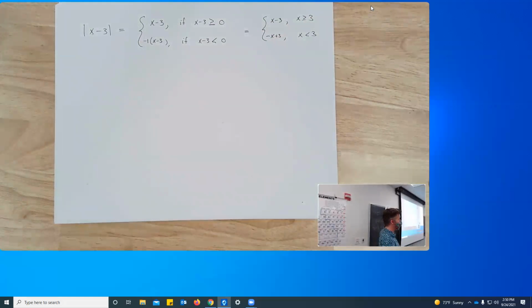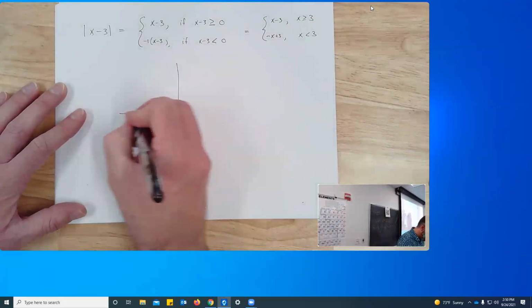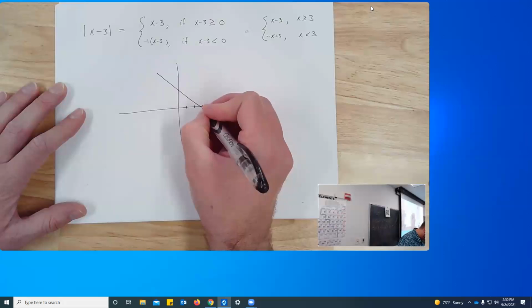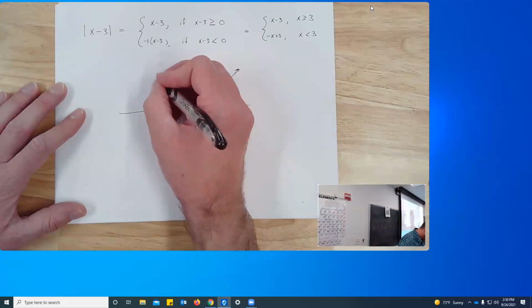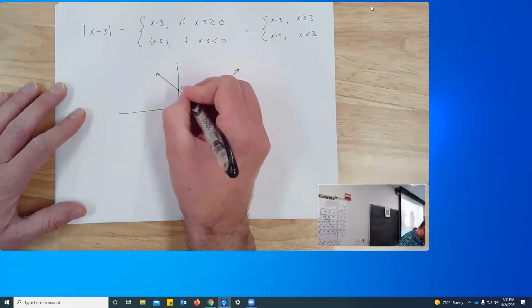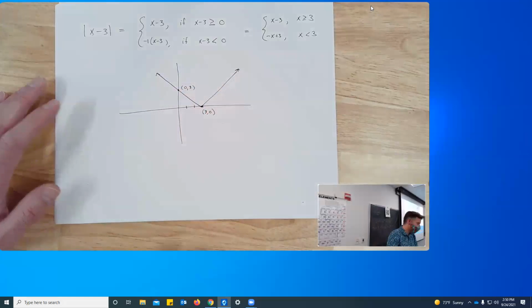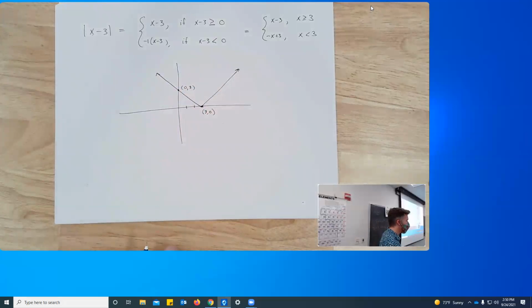It's really just the absolute value function shifted 3 to the right. So this looks like this. Oh, or kind of like that. It's got a y-intercept of 3, and an x-intercept of 3. Kind of cool.